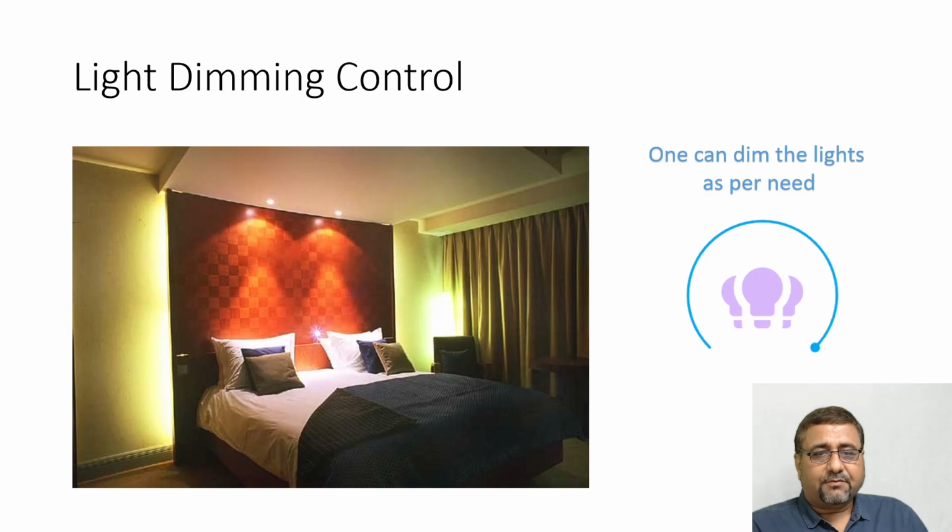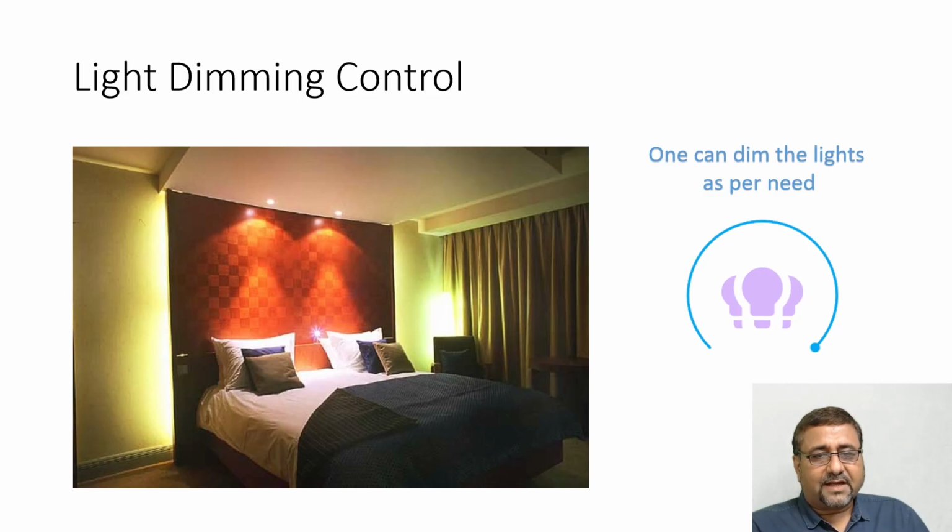At times you may want dim lights in a room, but if you keep 50% of the lights off and 50% on, then there is uneven lighting, not balanced, not uniform, and it may not sound good to human eyes. In that case, automation serves a good purpose.